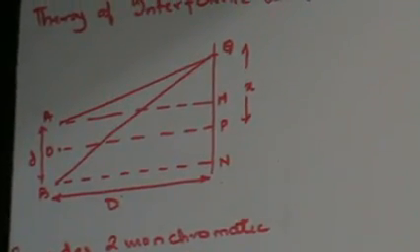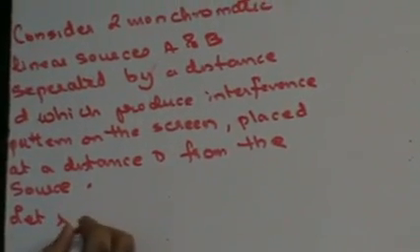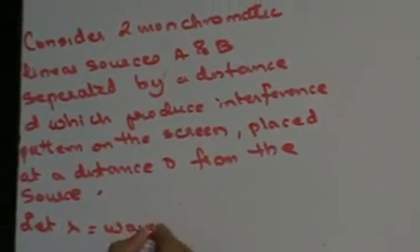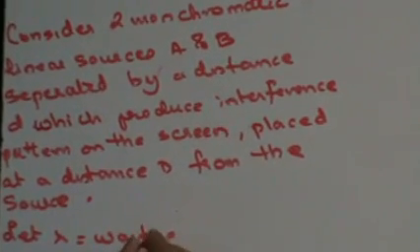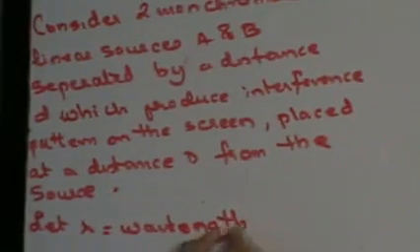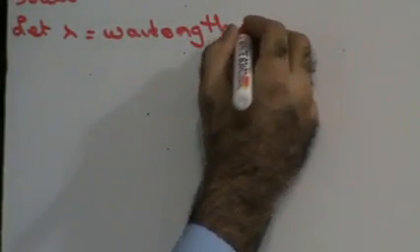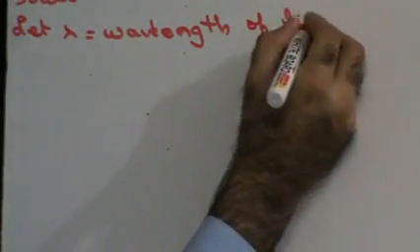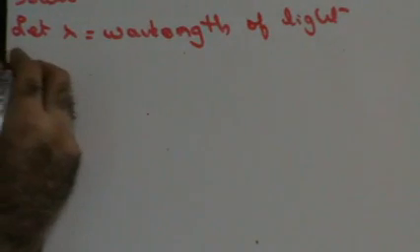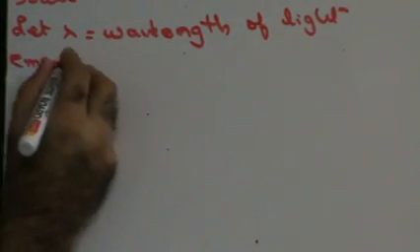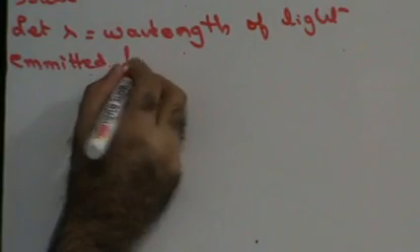So this is the distance between the two slits, this is the distance of the screen, right? Let us assume that lambda is the wavelength of the light emitted from each source.